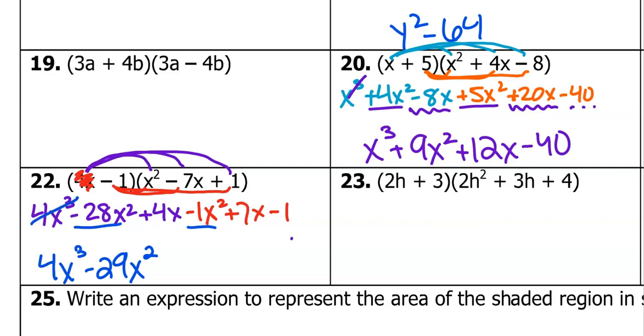So x cubed, we just dealt with the x squareds. Keep going, Jonathan. Now let's deal with just the x's. Mm-hmm. So what is 7 plus 4? 11. And then what's going to complete it? The minus 1. Good. Here we go. Good job.